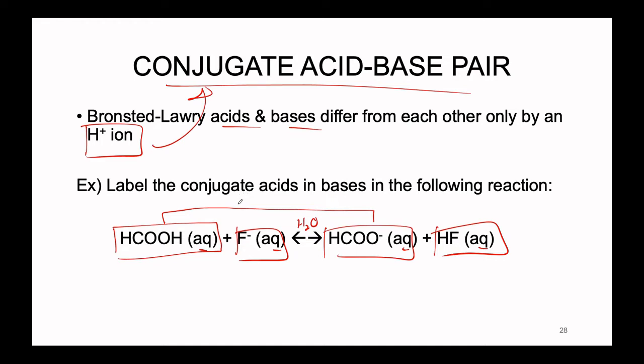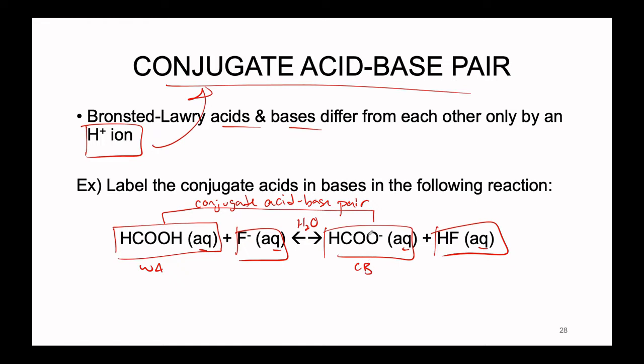This causes the HCOOH on the left and the HCOO minus on the right to be a conjugate acid-base pair, where the weak acid I'm just going to label as a WA, and the conjugate base, I'm going to label as a CB.